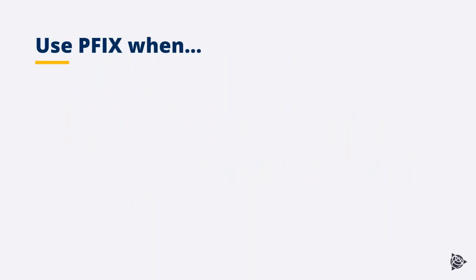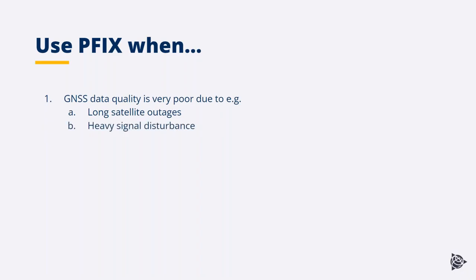Maybe the most interesting thing here is when you would consider using the p-fix workflow. We have listed some factors here. Usually your case would be a combination of these. First of all, if your GNSS data quality is very poor, for example due to long satellite outages, such as a tunnel or an urban area, and very heavy signal disturbance, so multipath from buildings or trees for a long time.